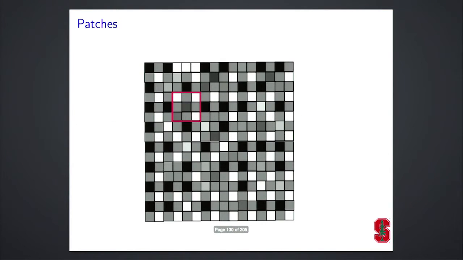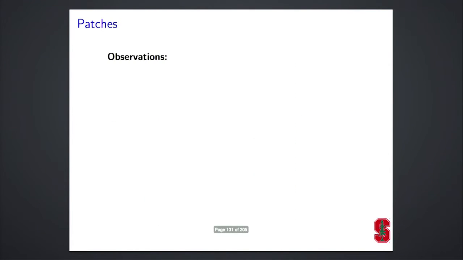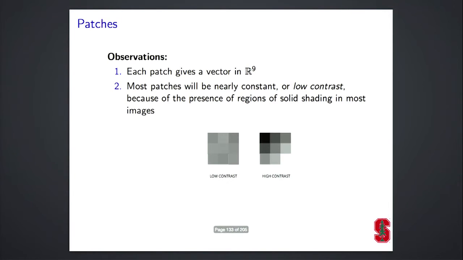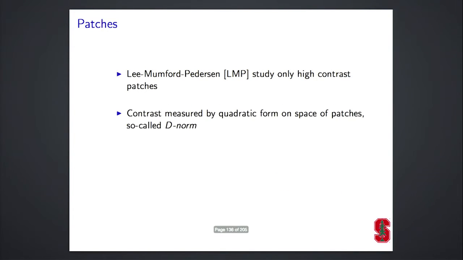So specifically, 3x3 patches like this. What they observed is that each patch gives a vector in R^9. Most patches will be nearly constant because there are typically large solid regions in images. So the low contrast, or nearly constant, ones will dominate the statistics. We'll remove those and study only the high contrast patches.